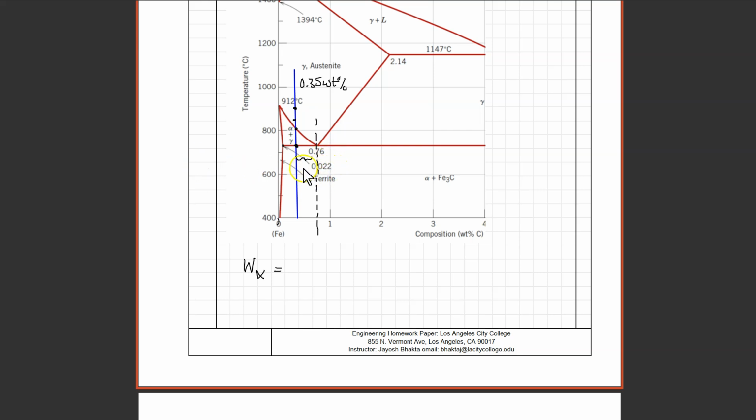So if we want to find the mass fraction of alpha, we need to take the length of this line, B, which is going to be 0.76 minus 0.35, and divide by the length of the tie line, which is 0.76 minus 0.022.